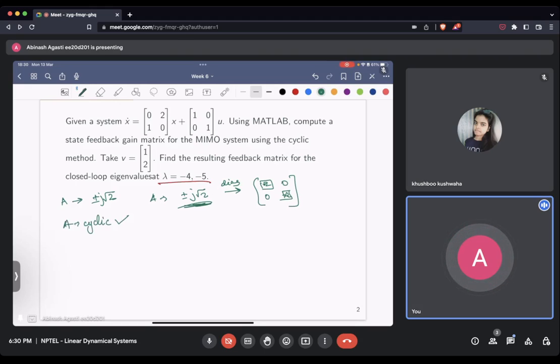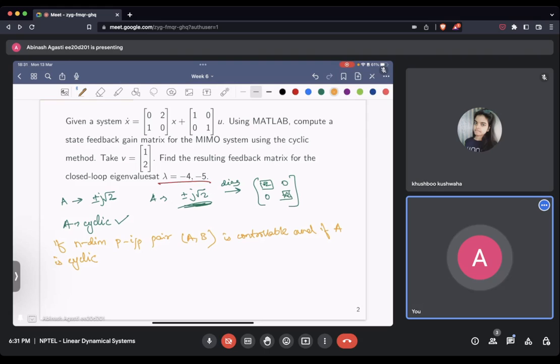Now the second step. In cyclic design, we use one primary result. If the n-dimension, p-input pair A, B is controllable and if A is cyclic, these are the two things that we need.